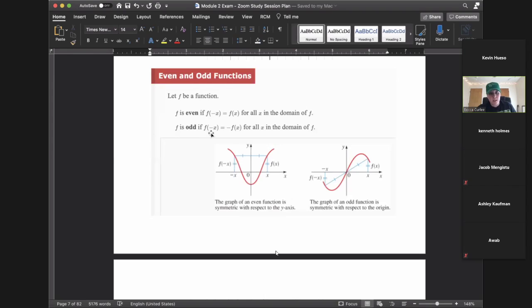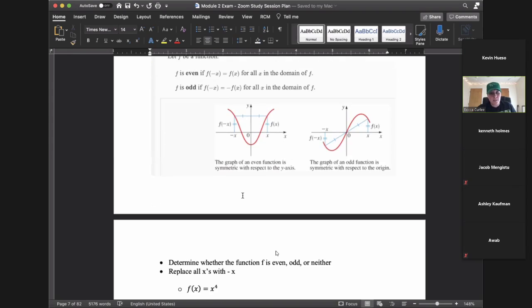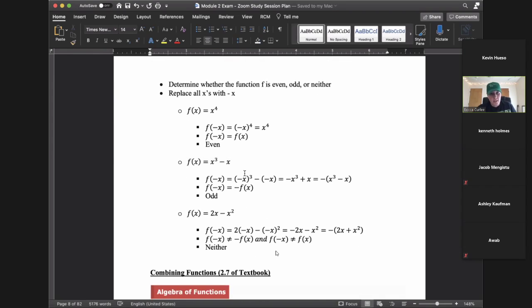And if f(-x) = -f(x), then it's odd. So then we're given f(x) = x^3 - x. We're just going to replace all of the x's with negative x. So we take f(-x) and we get (-x)^3 - (-x). Anything that's negative raised to an odd power is still going to be negative.